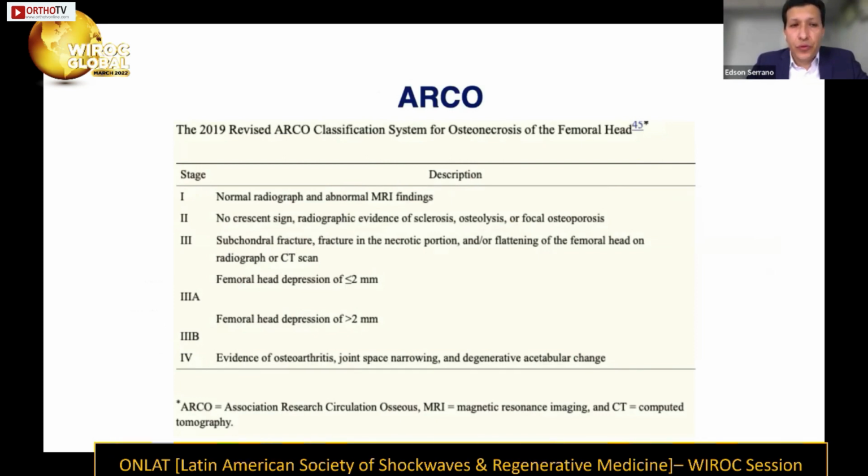In stage 3, we have subchondral fracture. If we have femoral head depression less than 2 millimeters, it is 3A, and more than 2 millimeters of femoral head depression is 3B. ARCO 4 is evidence of osteoarthritis, joint space narrowing, and degenerative acetabular change.